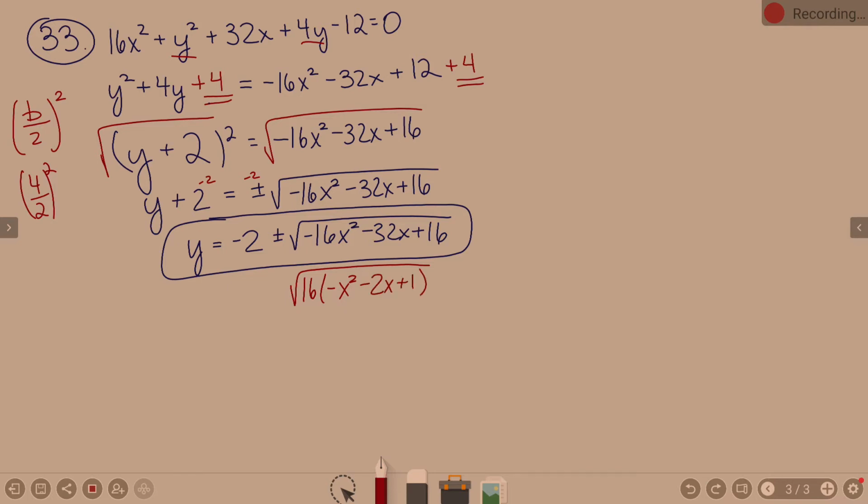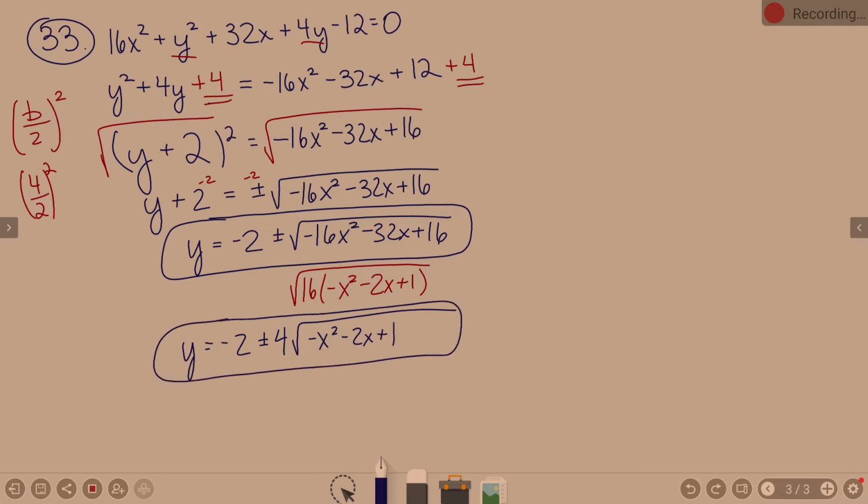I'll show that step in case some of you have been confused there. If I factor out the 16 under the radical, then I can take the square root of 16, and the square root of 16 is 4. And so that's where you get negative 2 plus or minus 4 times the square root of negative x squared minus 2x plus 1. And actually, as I look back at the answer key now, my first answer is 2 lines up.